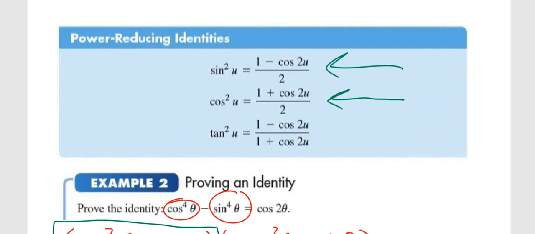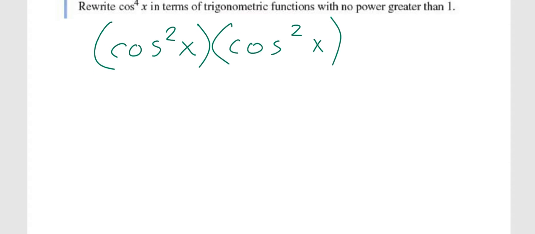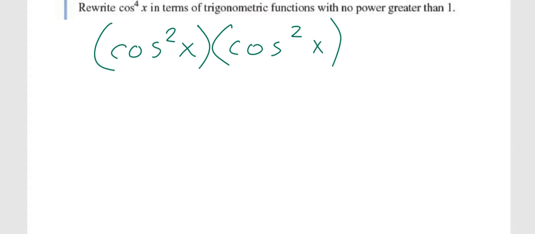Is there anything that might be useful in this box? The middle one, right? Okay, so let's put those together. 1 plus cosine 2x, times 1 plus cosine 2x over 2.